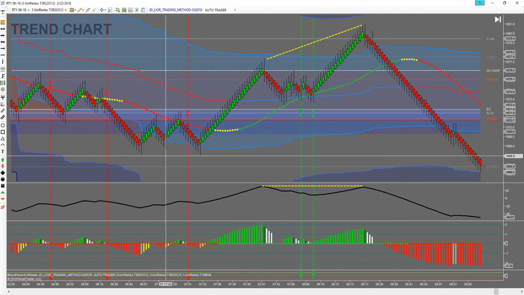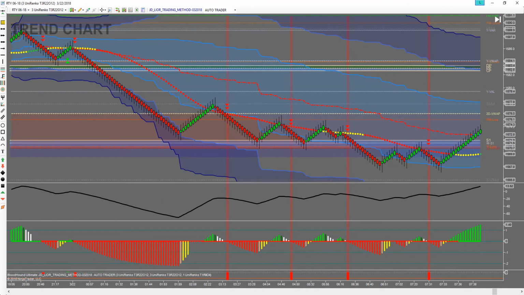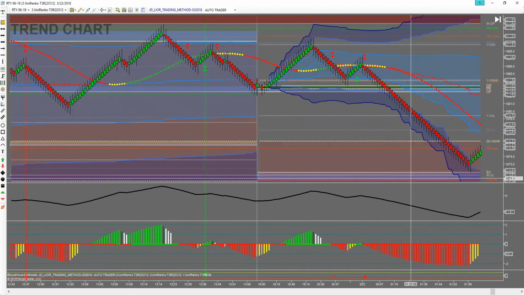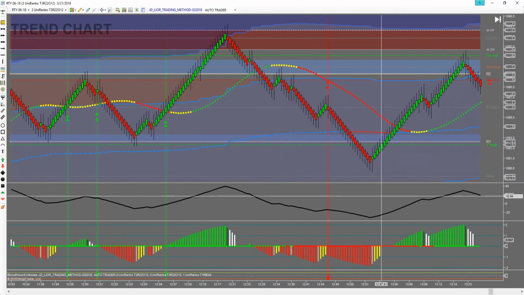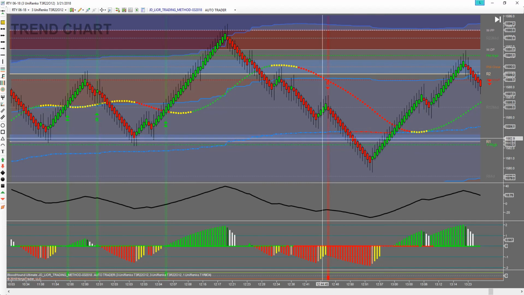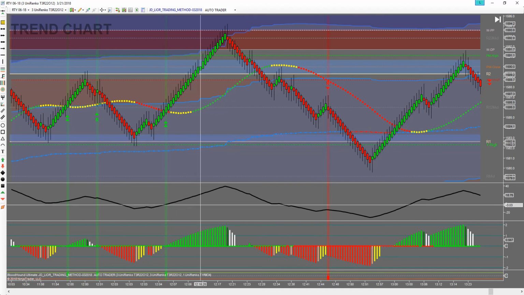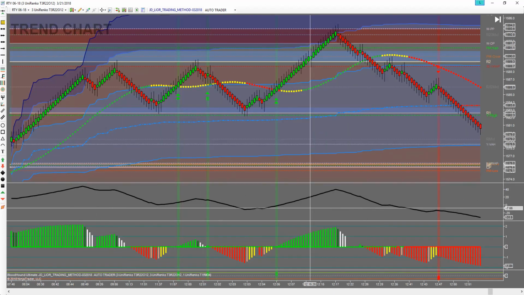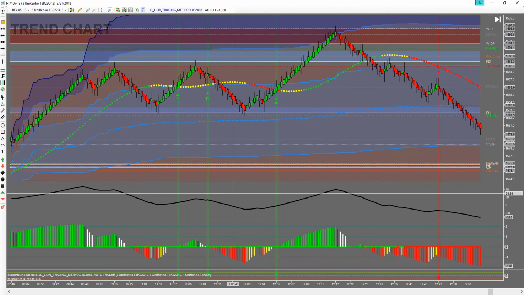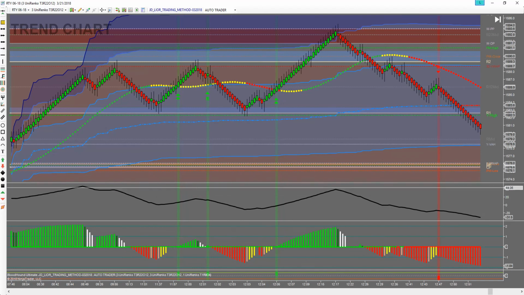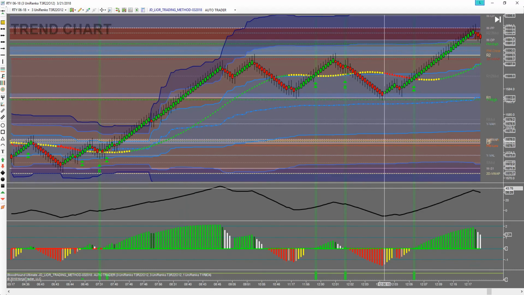But just to show you how the trades are coming in and what we are bringing in with the signals, that's interesting how the market is behaving now, and we want to use that in our favor.